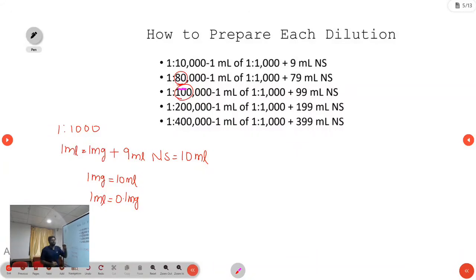Next, similarly here, 199 ml of NS should be added to the 1 mg of adrenaline to make a 1:2 lakh dilution. And then similarly, 300 ml of NS we have to add to the 1 mg of adrenaline to make a 1:4 lakh dilution.